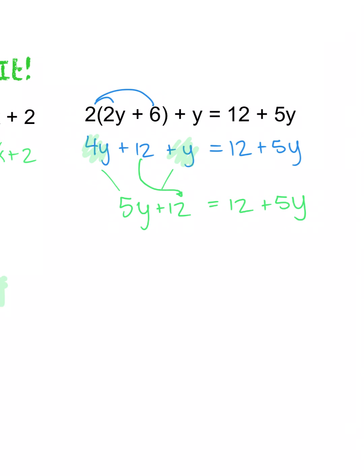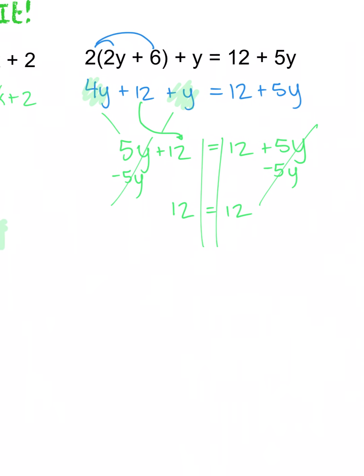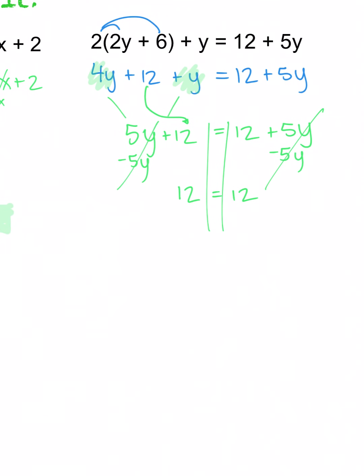So now I have 5y plus 12 equals 12 plus 5y. Let's move all of our variables to one side. So I'm going to subtract this 5y. Notice these 5y's cancel, and I'm left with 12 equals 12. Well, does 12 equal 12?